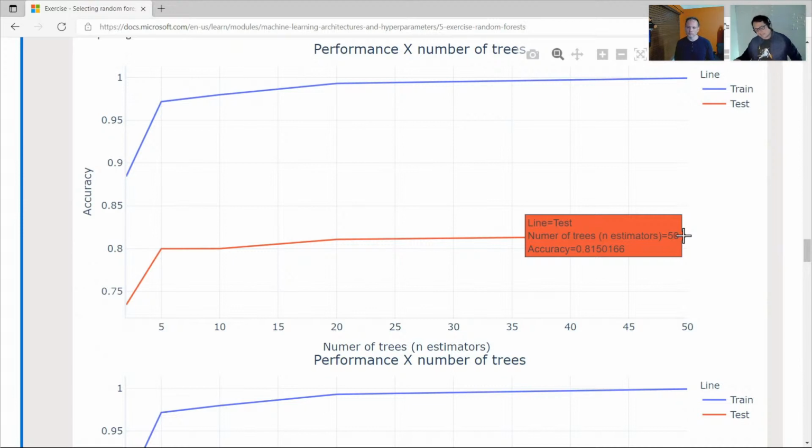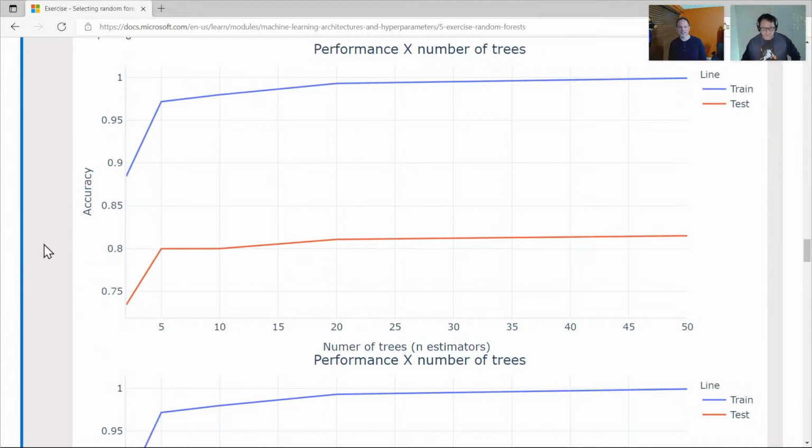We can see a steady incline, but it also might be that the more we go up, it's going to be a negligible value as well. We're certainly hitting diminishing returns, but we're also still getting better. So I guess we're going to have to make some judgment calls, right? Considering we don't have half an hour to run a model, let's just set it at 50 based on this one for the day.